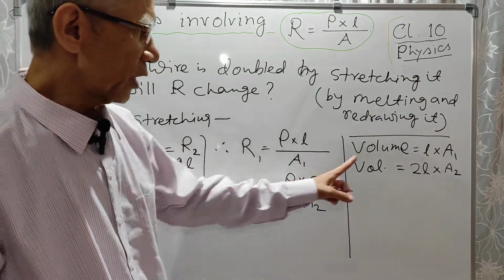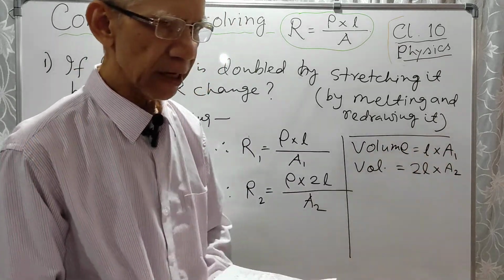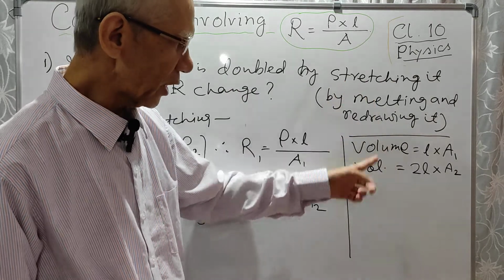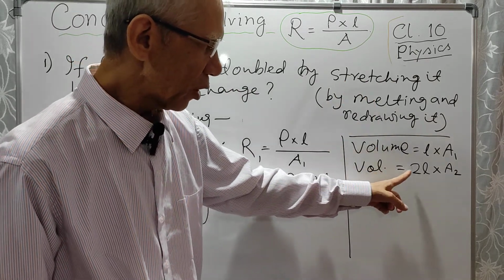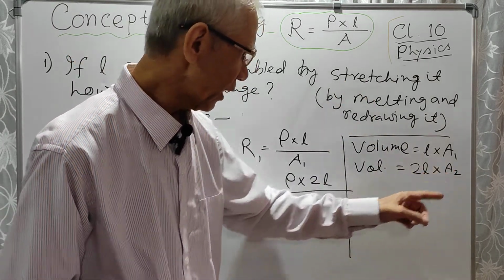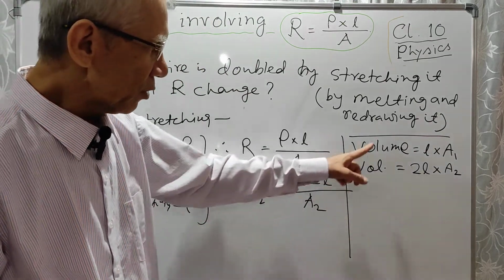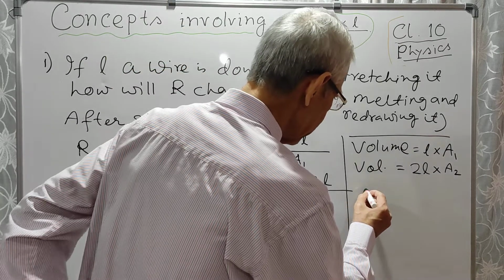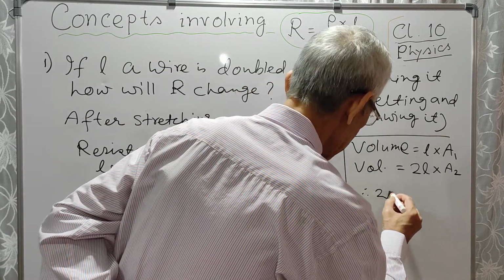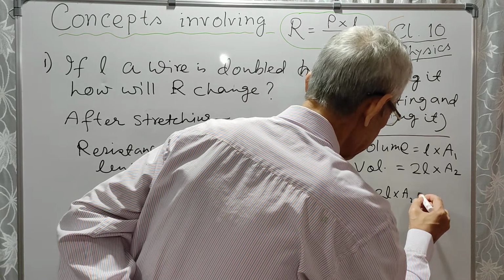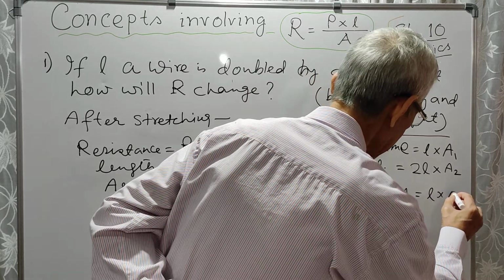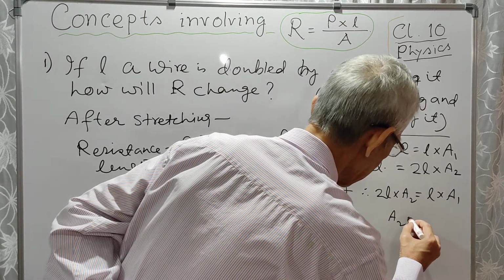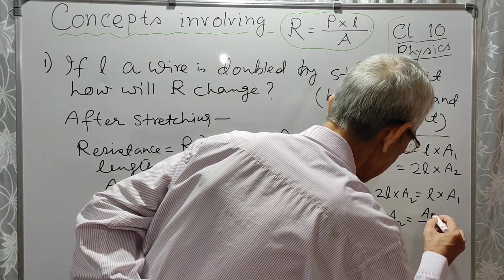So before stretching, the volume was length into cross sectional area A1, and after redrawing or stretching, the volume is twice L, length, and then cross sectional area A2. Now these two are the same, volume same, therefore these two will be equal. So therefore 2L into A2 is equal to L into A1. So L cancels, therefore what is A2? A2 equals A1 by 2.